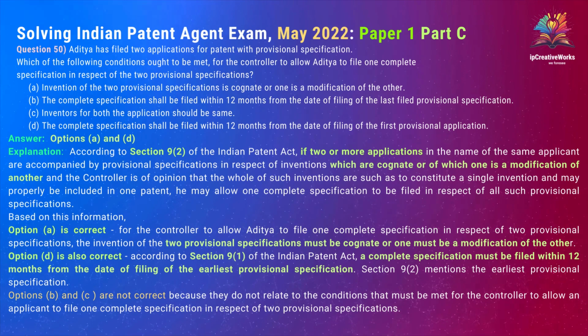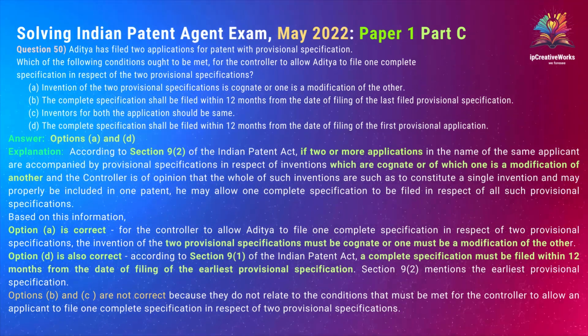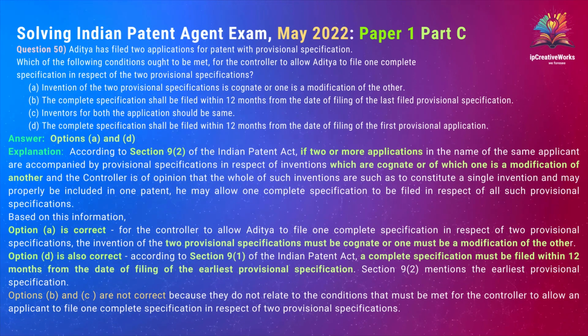Based on this information, option A is correct, for the controller to allow Aditya to file one complete specification in respect of 2 provisional specifications. The invention of the 2 provisional specifications must be cognate or one must be a modification of the other.